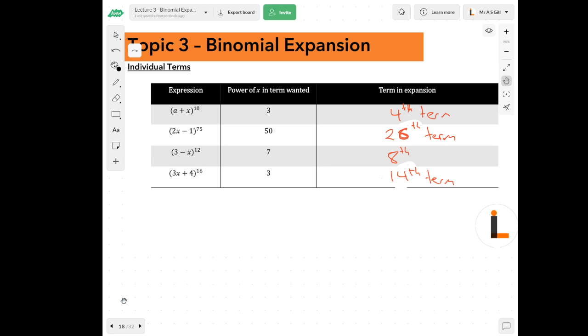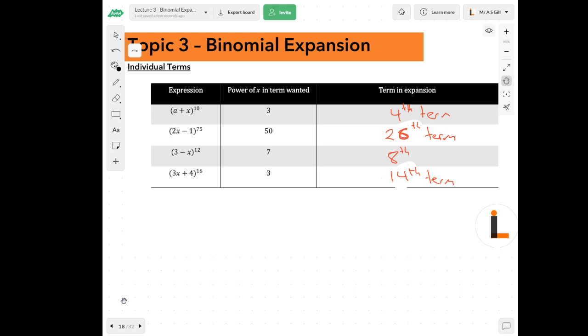So the first term, for the bottom side, would be x to the 16. Second term would be x to the 15. Third term would be x to the 14. So each time, the number that we're taking away from the power is 1 less than the term we have. So for the second term, we take away 1 from 16, we get x to the 15. For the third term, we take away 2 from 16, we get x to the 14, and so on and so on.